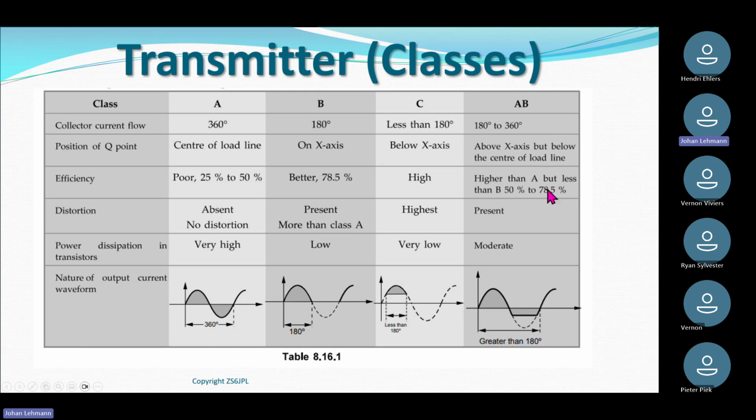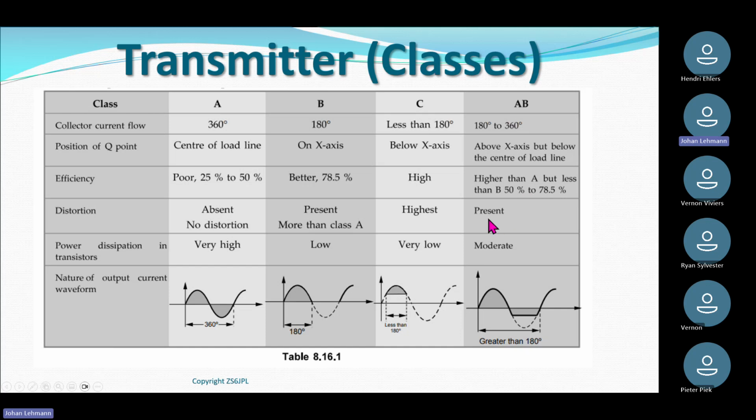Then I just want to go to class AB because that's an interesting one for AM. What you can see here is the efficiency is very good, or it's better than a class A amplifier. It's still not wonderful. So let's say it's 75% efficient, and I put 100 watts into the antenna. 50 watts needs to be dissipated in the transistors and the heat sinking for it. Okay.